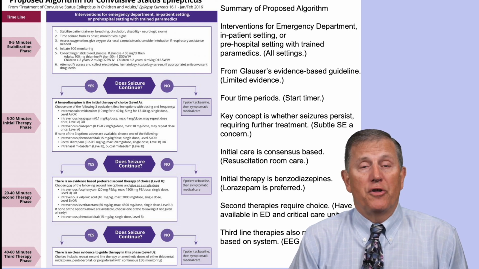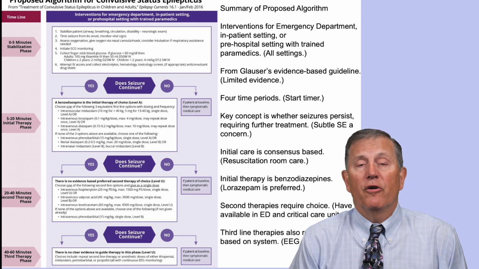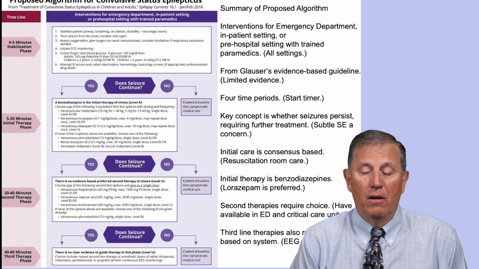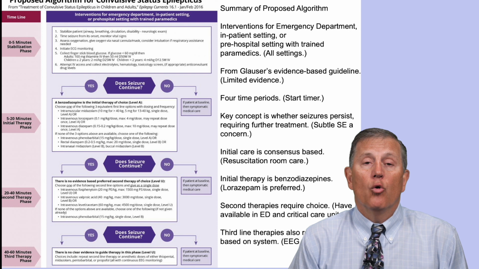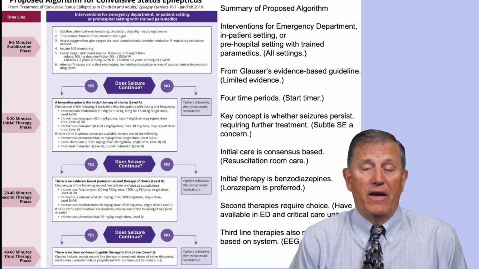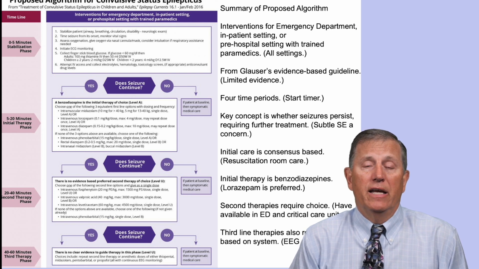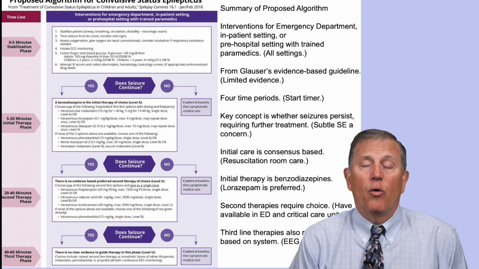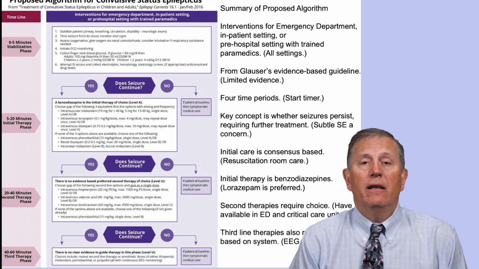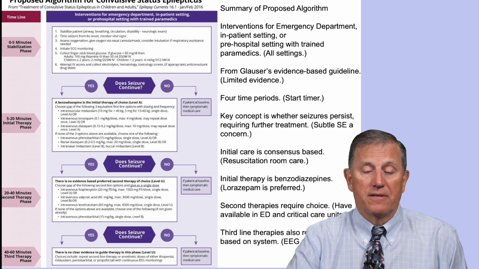We know that our initial therapy is related to the benzodiazepines, and that lorazepam is the preferred IV medication when available. We know that the second-line therapies, when indicated and necessary, require medications that should be available either in the emergency department or whatever critical care setting in which status epilepticus might need to be treated. And we know that once third-line therapies are provided, ongoing EEG monitoring is necessary to exclude subtle status epilepticus.